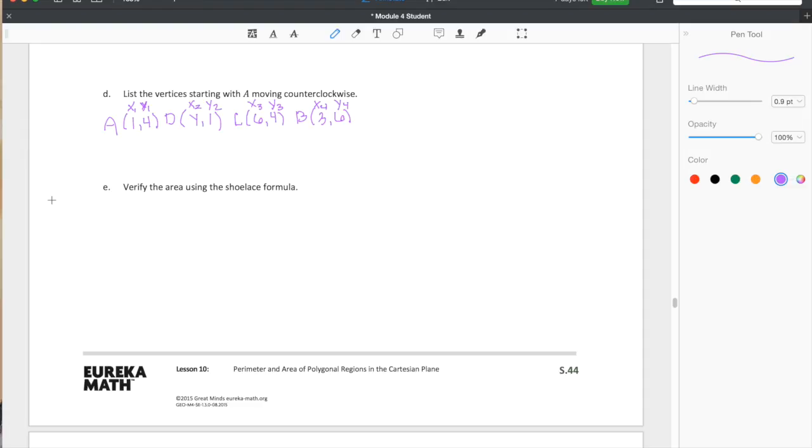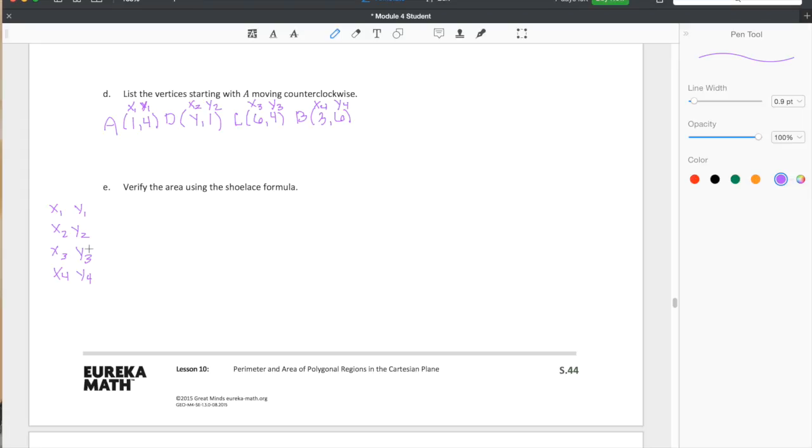All right. So the first part of the shoelace formula, you write out your x1 and y1, and you're going to do this for all of your points. So x2, y2, x3, y3, x4, and y4.